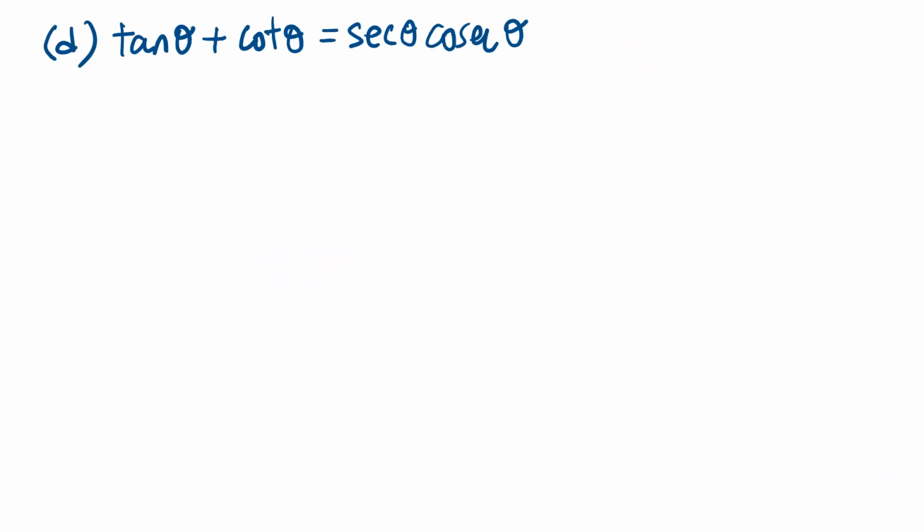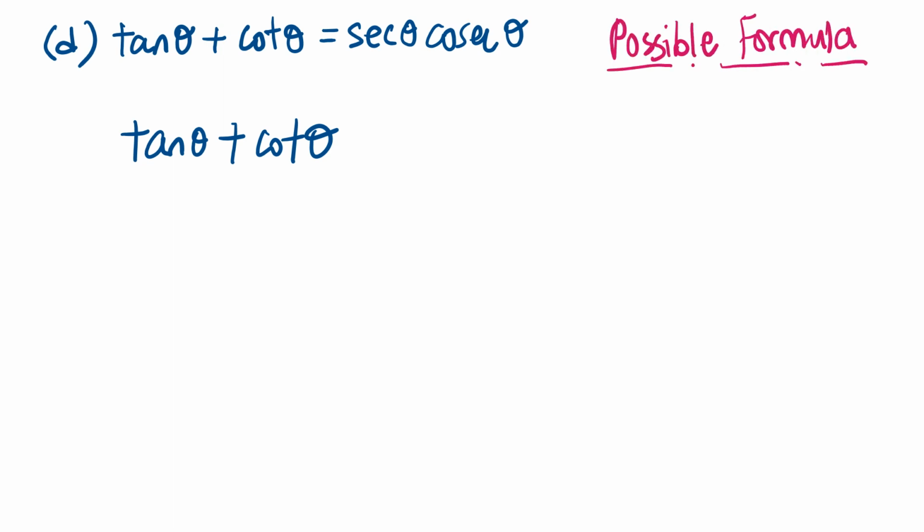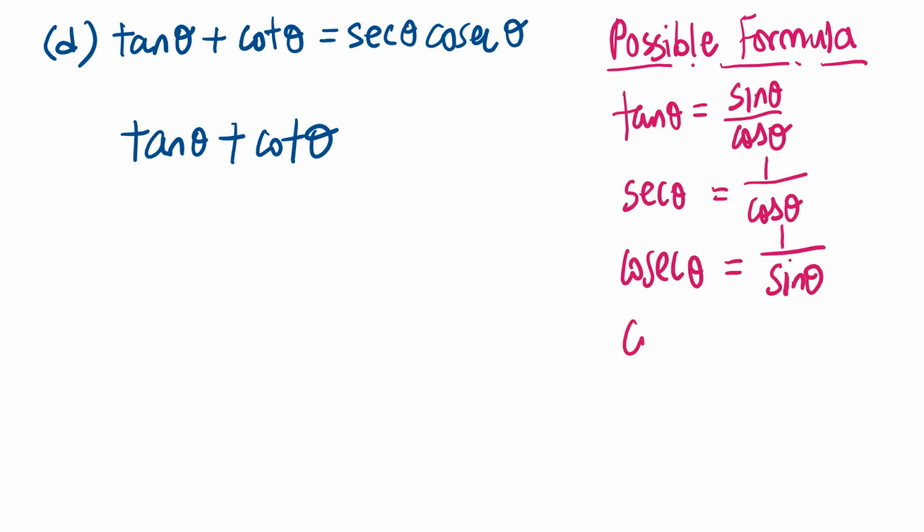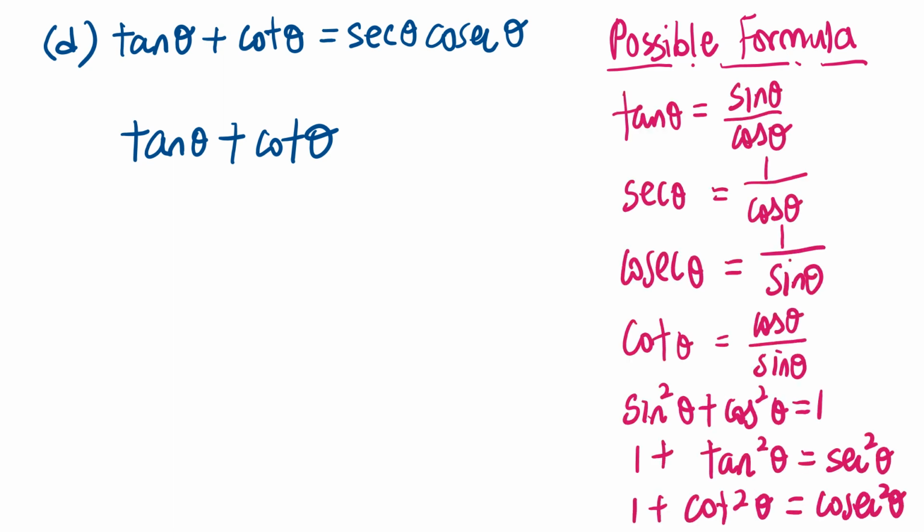All right, let's do another example. As usual, let's write down all the formulas. We'll prove from the left hand side first. You realize that for the past few questions we've been doing, we always write down the possible formulas that we can use. Okay, let's start with the left hand side. Which formulas can we use?